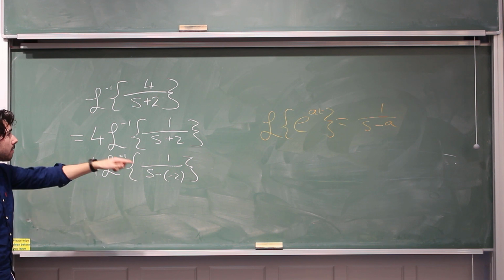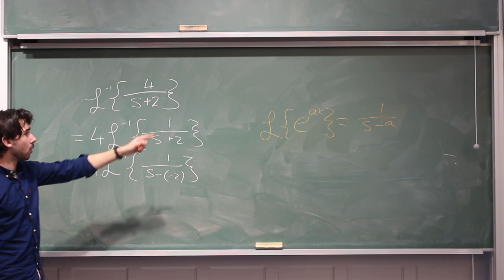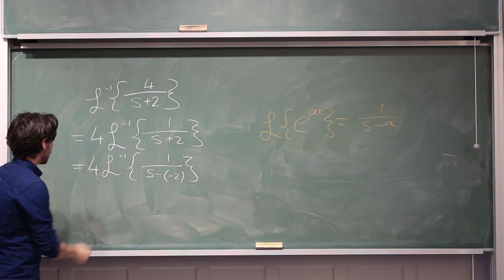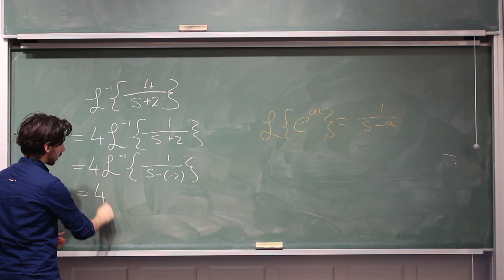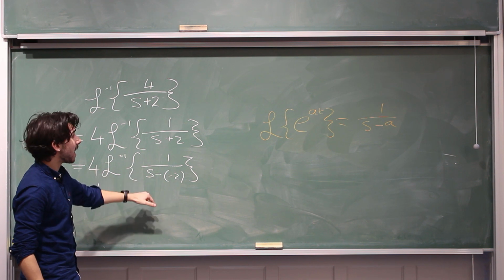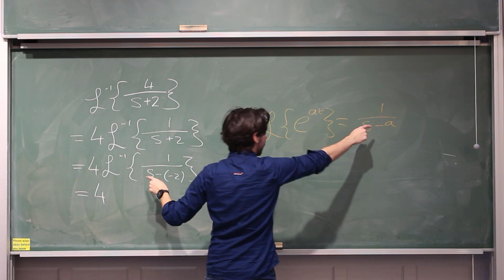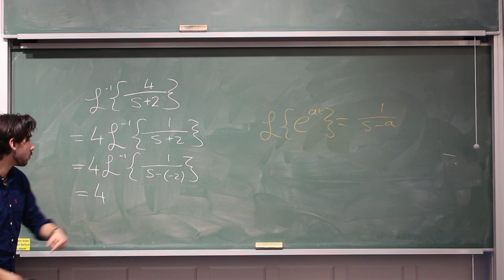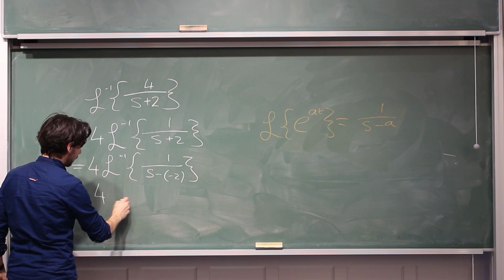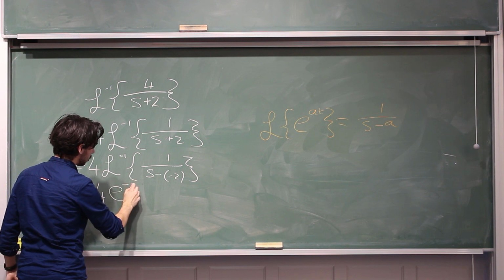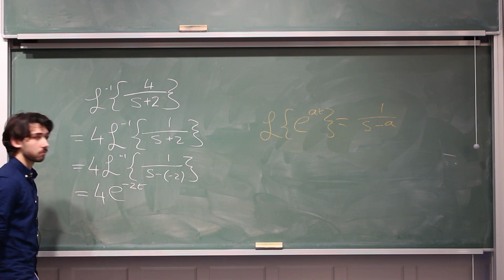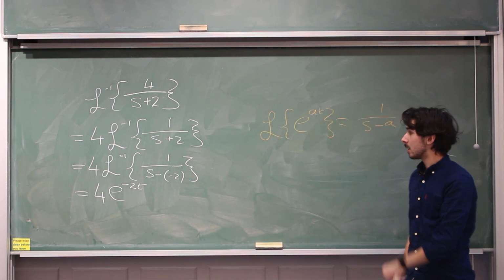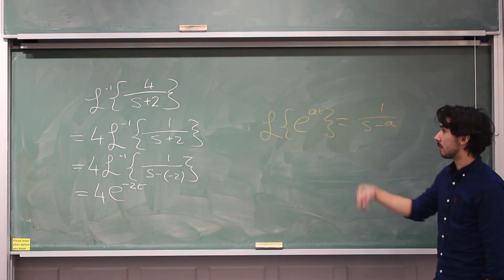Well, yes, the inverse Laplace transform then of 1 over s minus a is e to the a t, going backwards. So this is equal to 4 times, and then what's this, guys? Clearly, these are exactly the same, but a is the number minus 2. So this is 4e to the minus 2t. And it's really that simple. So that's the inverse Laplace transform of that one.